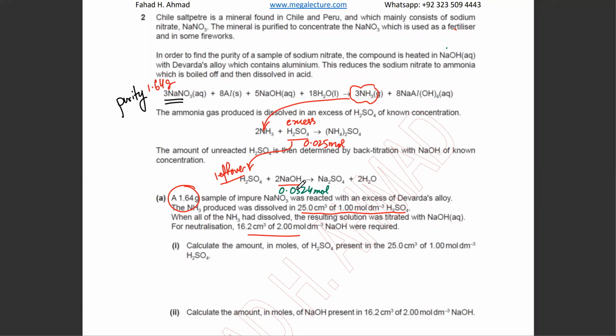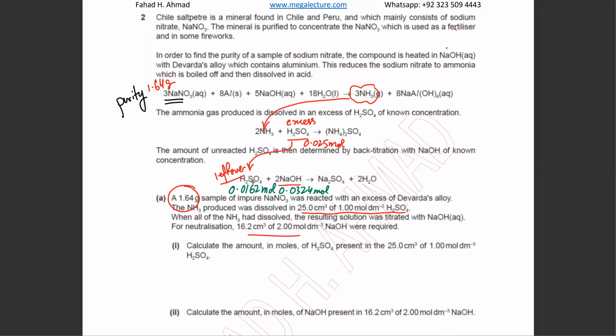So if the amount of NaOH used is 0.0324, so according to 2:1, how much will it be? What's the amount of sulfuric acid that's going to be reacting with it? 0.0324 divided by 2, what do you get? 0.0162. Okay, so 0.0162 moles.